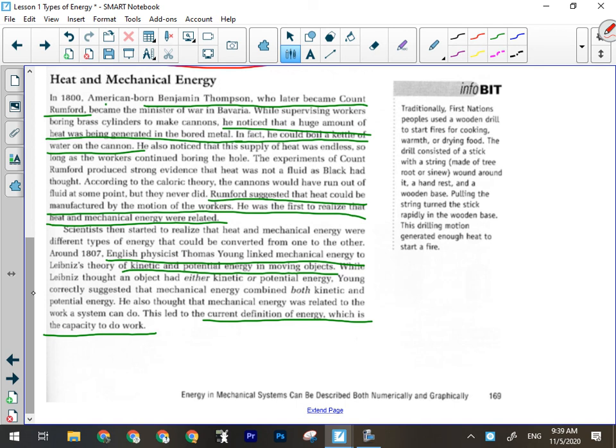A little while later, a guy named Thomas Young linked mechanical energy to this idea of kinetic and potential that Leibniz had come up with earlier, and that led to our current definition of energy, which is the capacity to do work. The workers had energy, they were able to turn the drill. That's a form of mechanical energy, and that mechanical energy was turned into heat. Questions on that? So heat and mechanical energy go together.